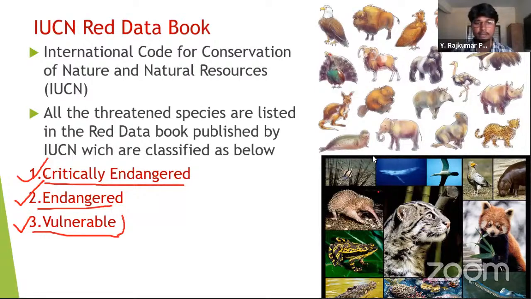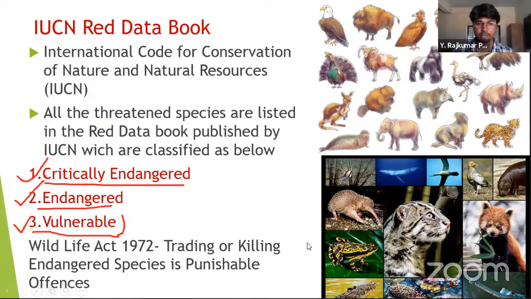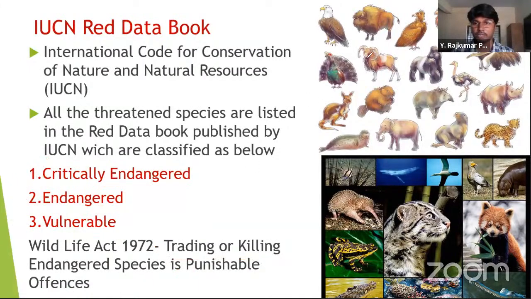Let's learn next. Wildlife Act. The Wildlife Act is given by our government, and according to this act, trading or killing endangered species is a punishable offense. In this way, the government is also protecting the animals.